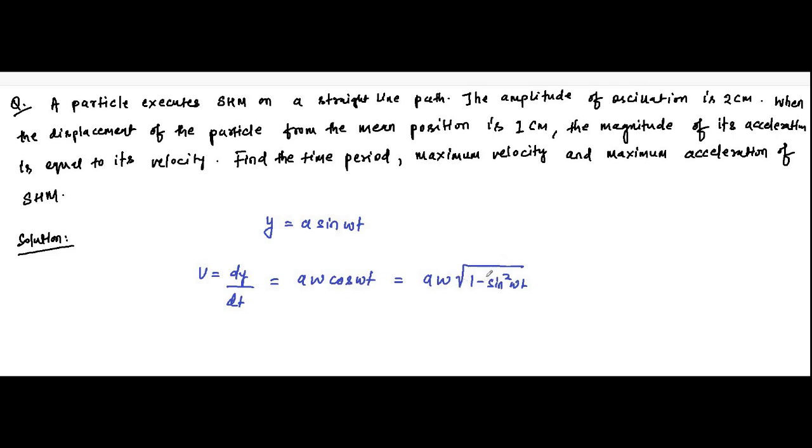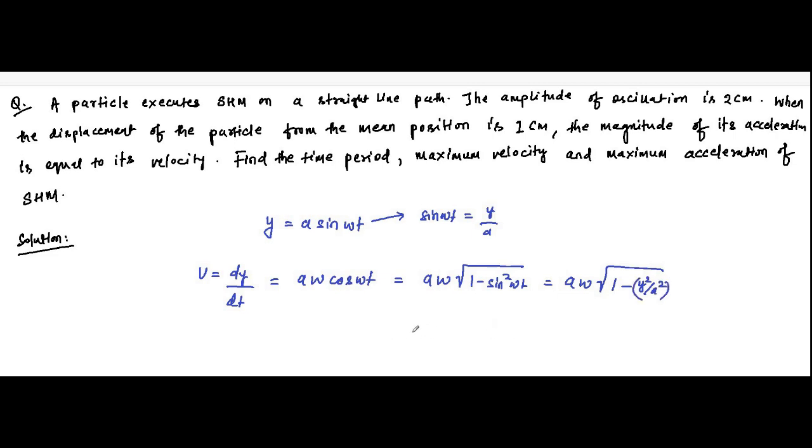Cos square omega t is 1 minus sine square omega t. Here sine omega t we can write as y by a. So substituting that, it will be 1 minus y square by a square.